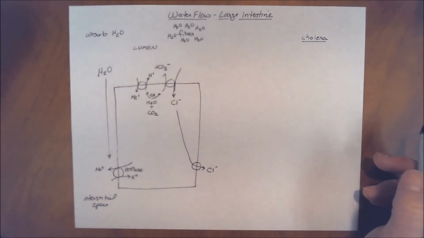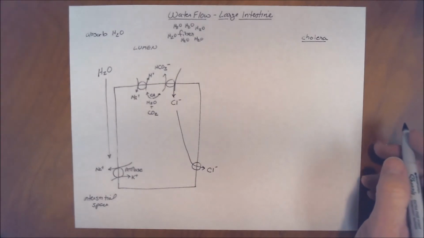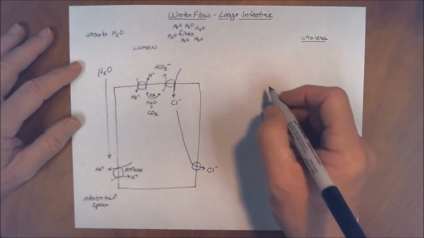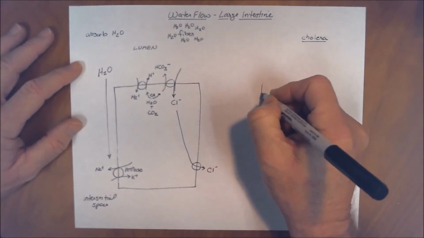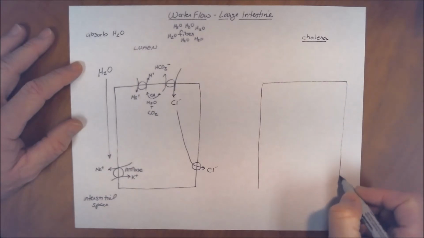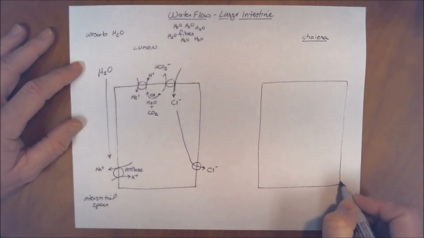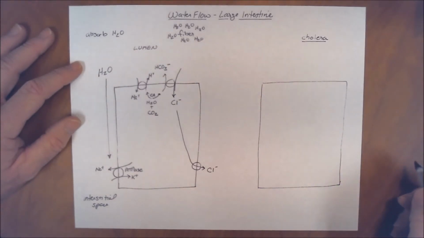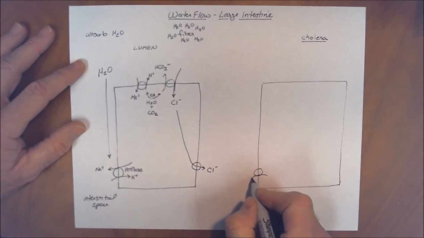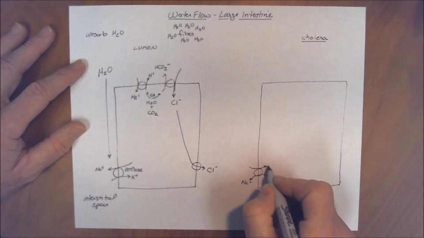Now, what happens under the worst case scenarios? Now, picture this system here in reverse. So if this is our cell, we are going to be having our normal sodium potassium ATPase.